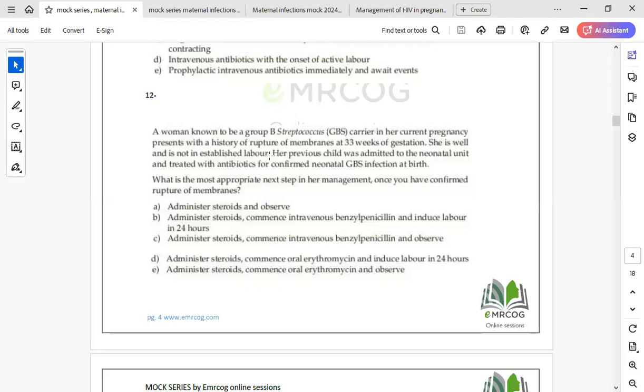And our guideline is very clear about this. When a patient is having a PPROM and she is not having established labor, are you going to deliver her or are you going to give her something? Are you going to do immediate induction?